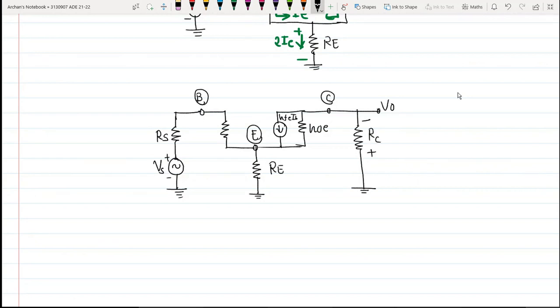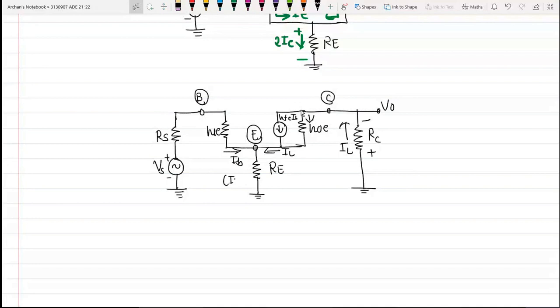So there will be a flow of current. Let us say this current is IL in this particular fashion. Load current IL is flowing in this particular direction, and there is a current HFE IB which is also flowing, right? So we have this current IL coming over here and this current IB coming over here.